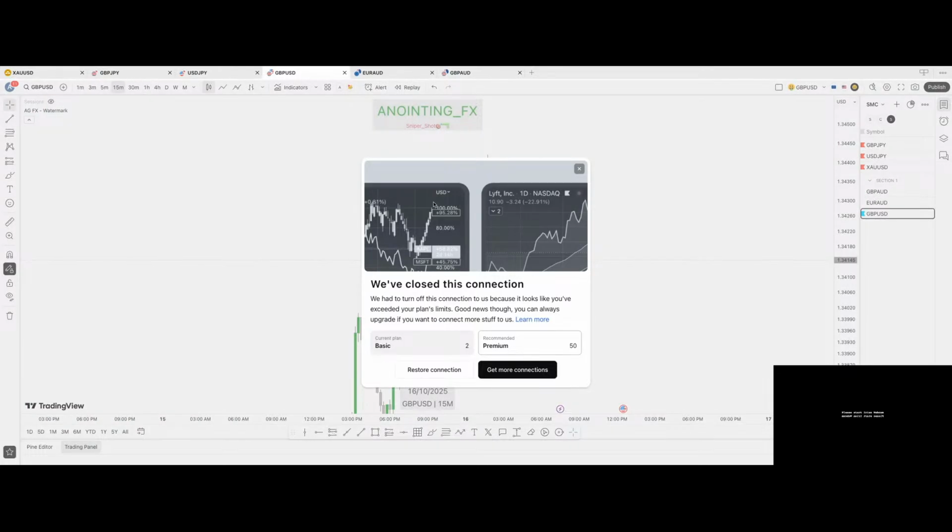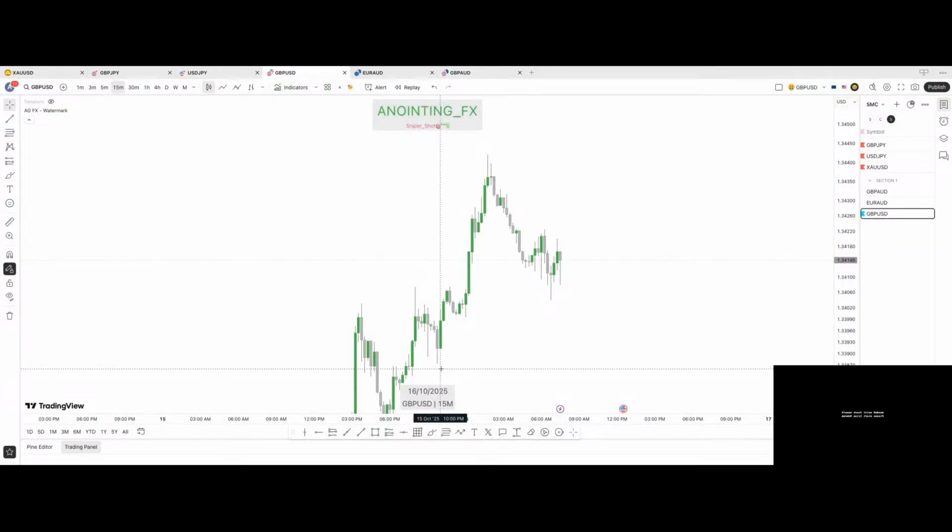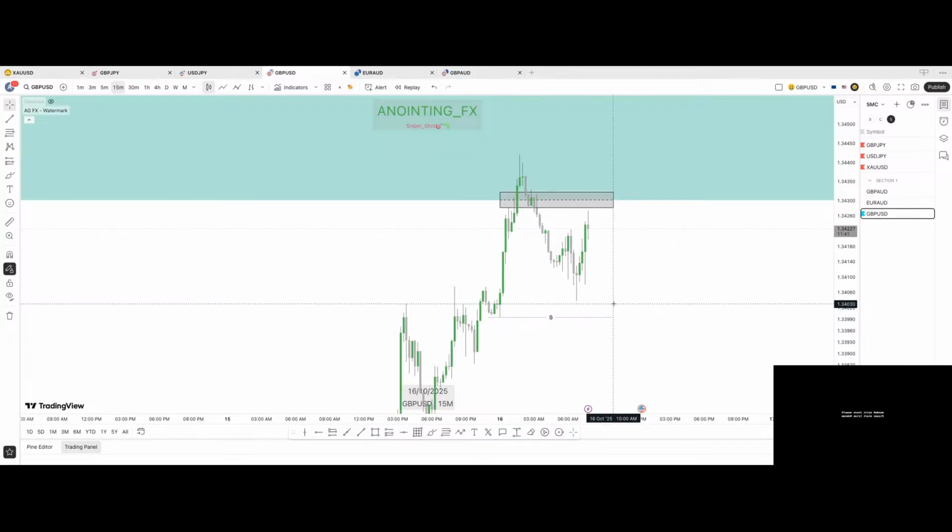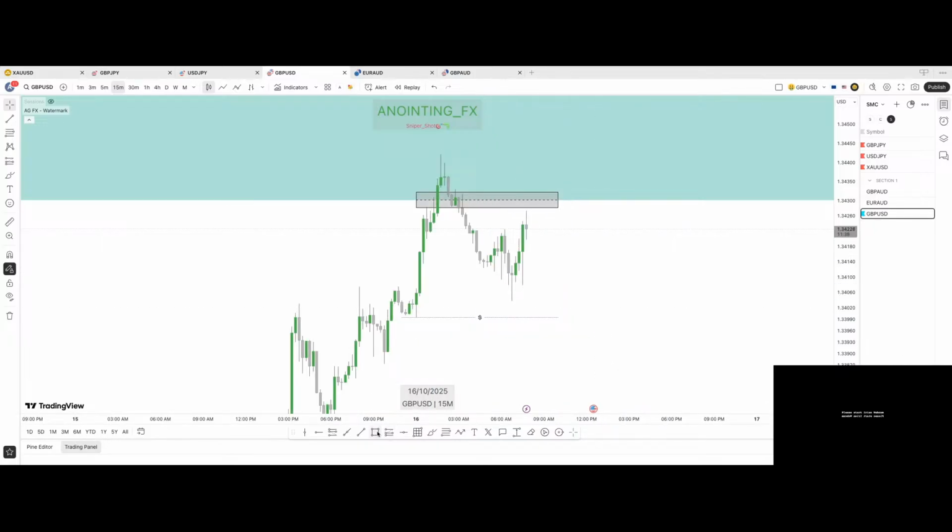This is GBP USD. I have my take profit hit already. I bought at this particular level. That's this zone, and I'm waiting to get triggered from this particular zone.